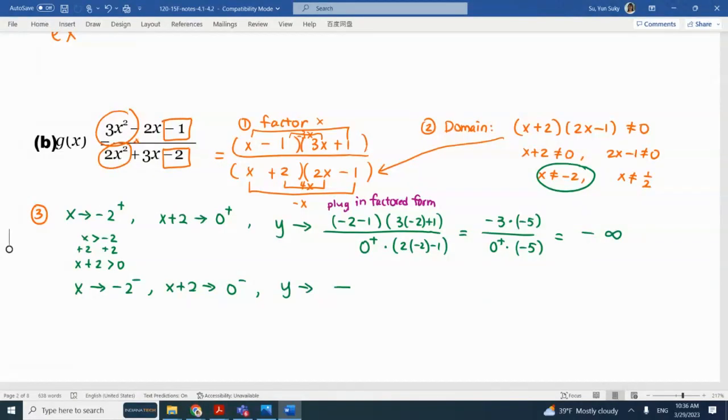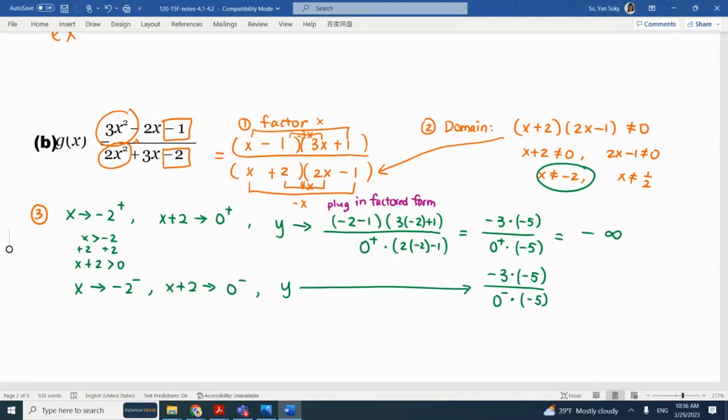So you can make this arrow longer. The top, you still get -3, and you still get -5. But instead of 0 plus, we have 0 minus. And then we have the -5.